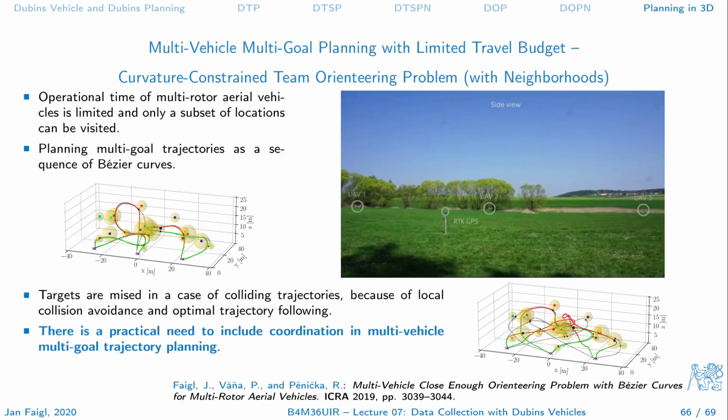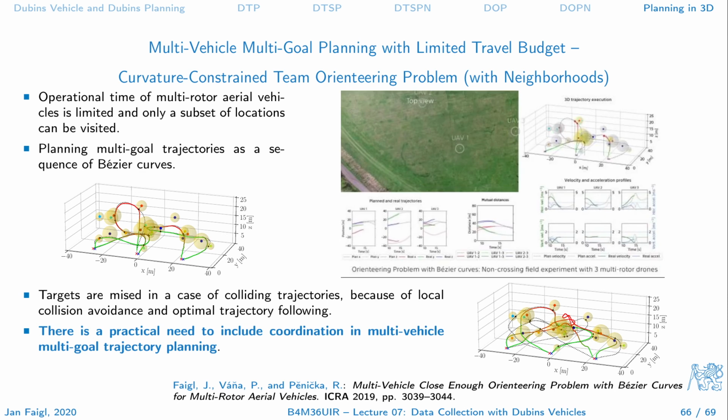In a very similar fashion, we deployed unsupervised learning with these Bezier curves to the multi-vehicle curvature-constrained team orienteering problem with neighborhoods. And as you can see, the drones are able to follow the planned trajectories.